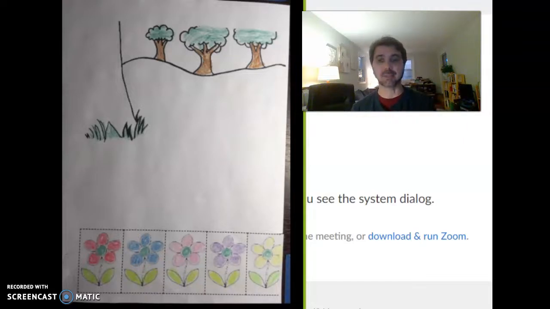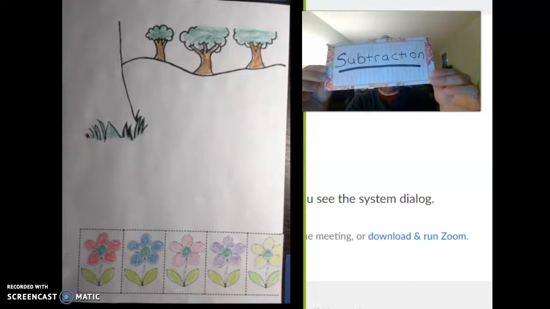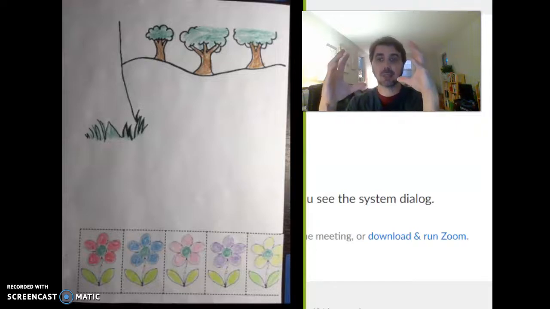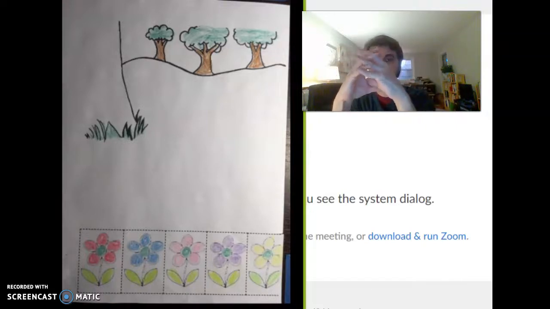Addition and especially subtraction. All right, so last time we were talking about how subtraction is different from addition. We know that addition is when you have two things, two groups or two parts, and they come together to make a new total.